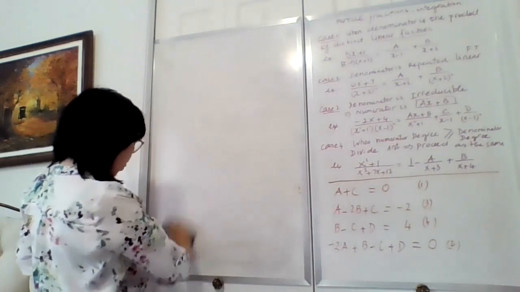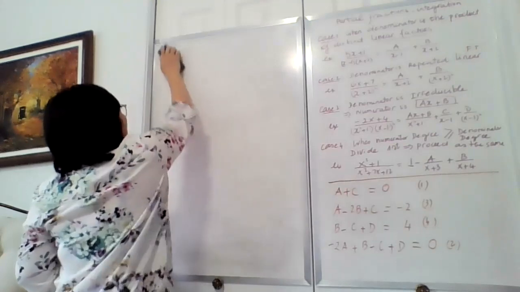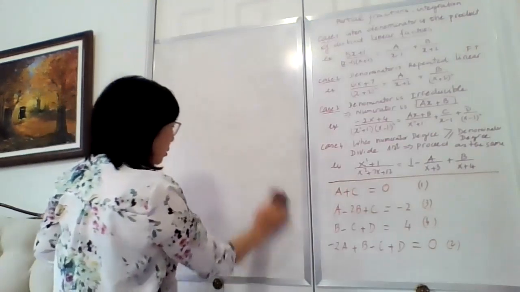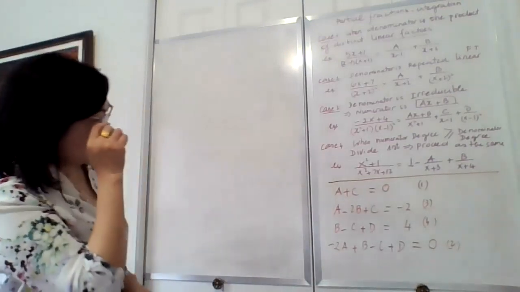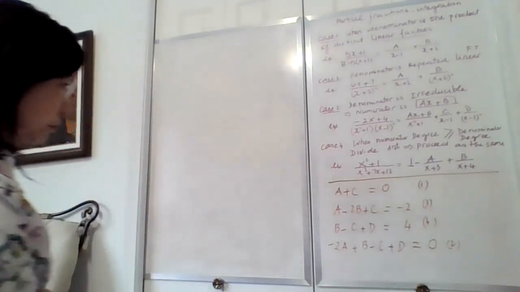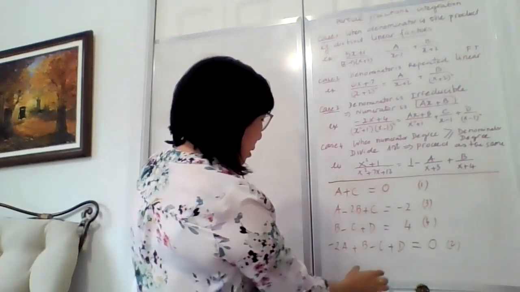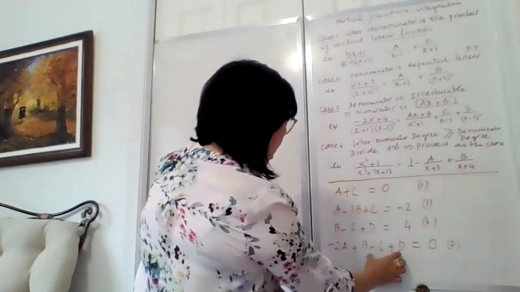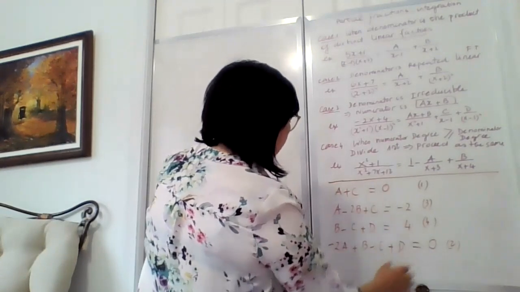So this is 4 equations with 4 unknowns, getting harder to solve, but we are able to solve it. Let's see how I'm going to isolate them and solve it. Now I have b minus c plus d equals 0, and b minus c plus d equals 4.